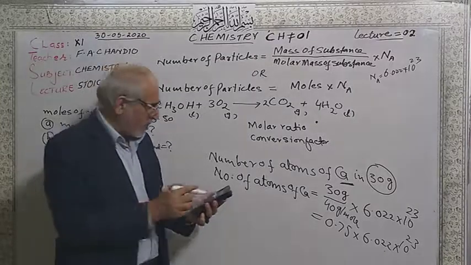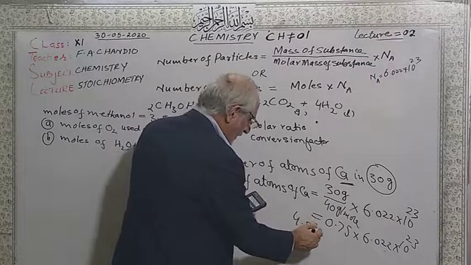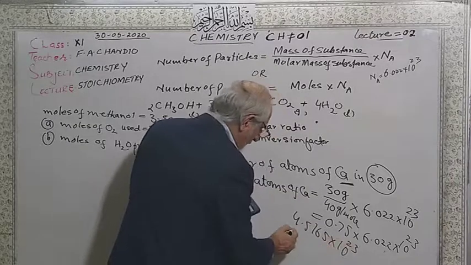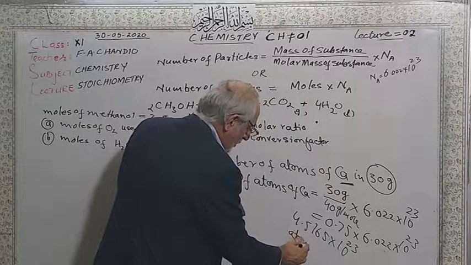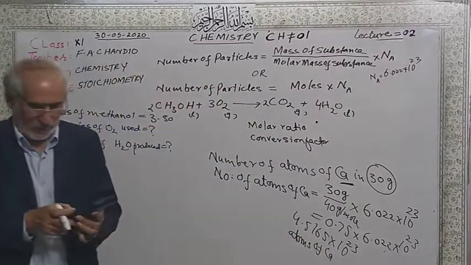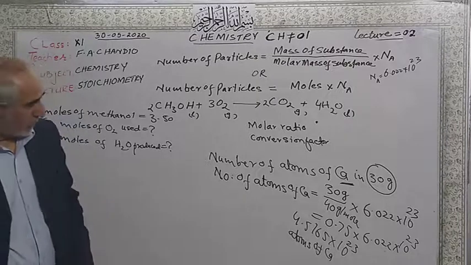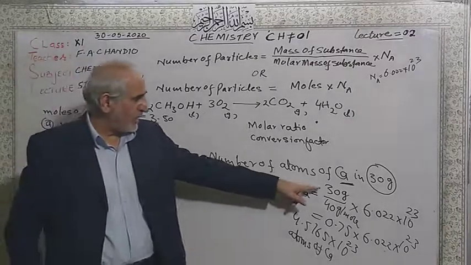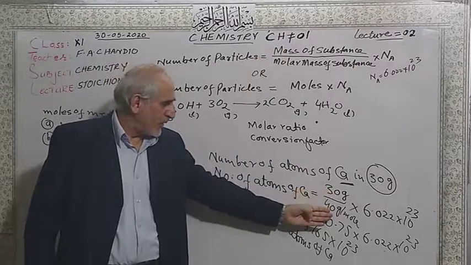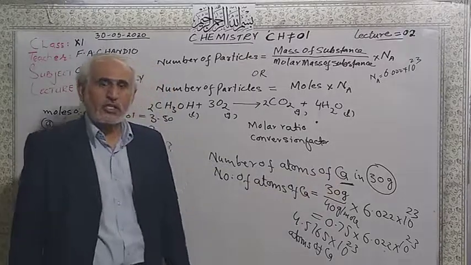So the answer comes 4.5165 into 10 raised to power 23 atoms of calcium. This is your answer. Just put these values in the formula: 30 grams divided by 40, the molar mass of calcium, multiplied by Avogadro's number.